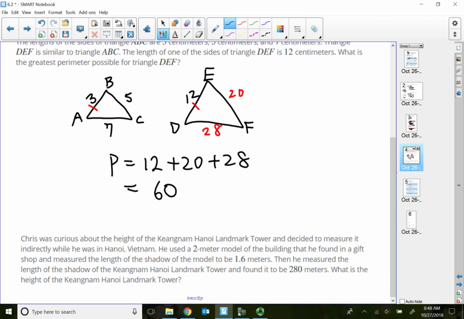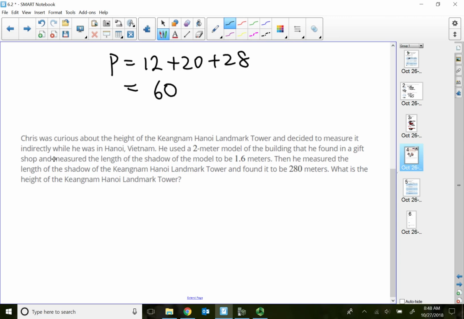All right, let's take a look at this one. Chris was curious about the height of the Keangnam Hanoi Landmark Tower, and decided to measure it indirectly while he was in Hanoi, Vietnam. He used a 2-meter model of the building that he found in a gift shop and measured the length of the shadow of the model to be 1.6 meters.